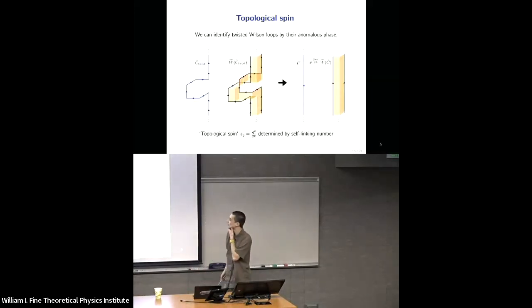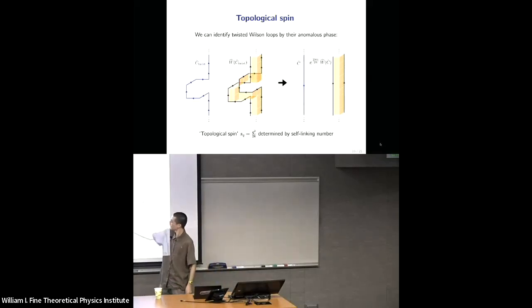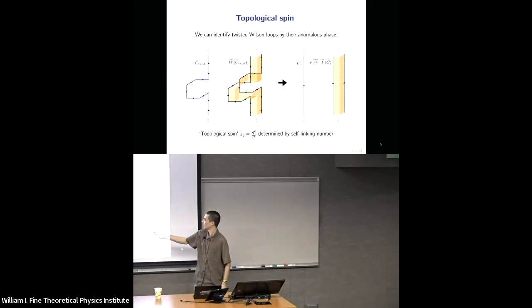Okay, we can also do a slightly more subtle computation directly on the lattice, and that's of the topological spin. So now let me just consider a single Wilson loop, which is twisted in some way. I can untwist it via some background gauge transformation, and I pick up an anomalous phase. And from this anomalous phase, we can read off two things.